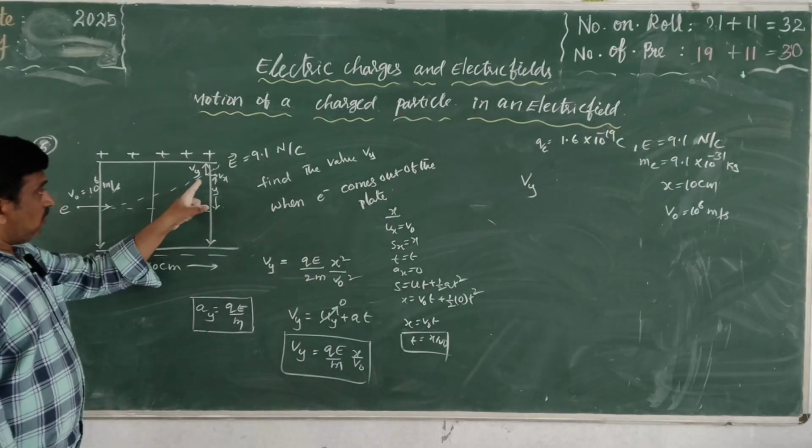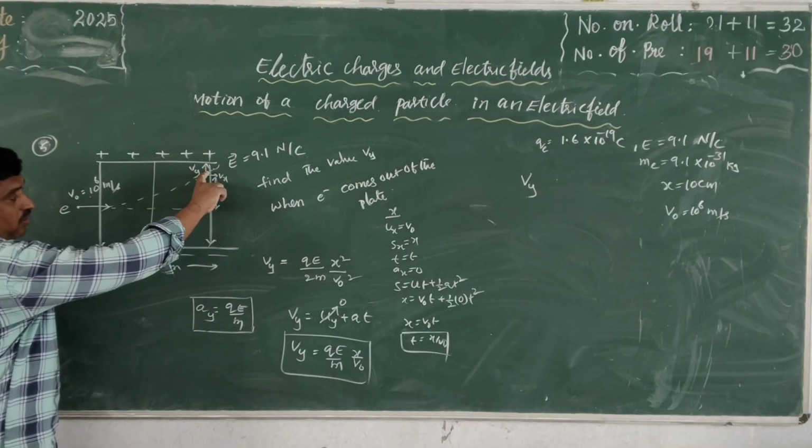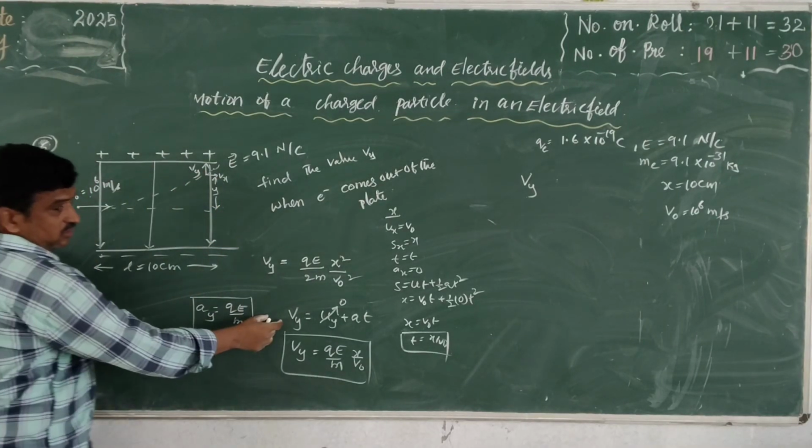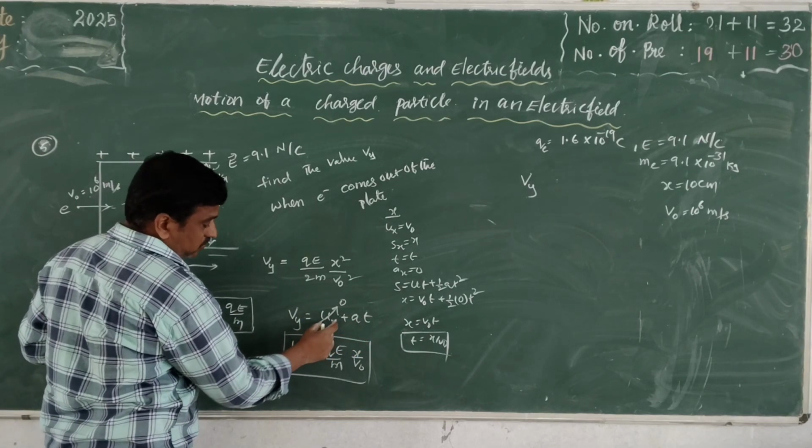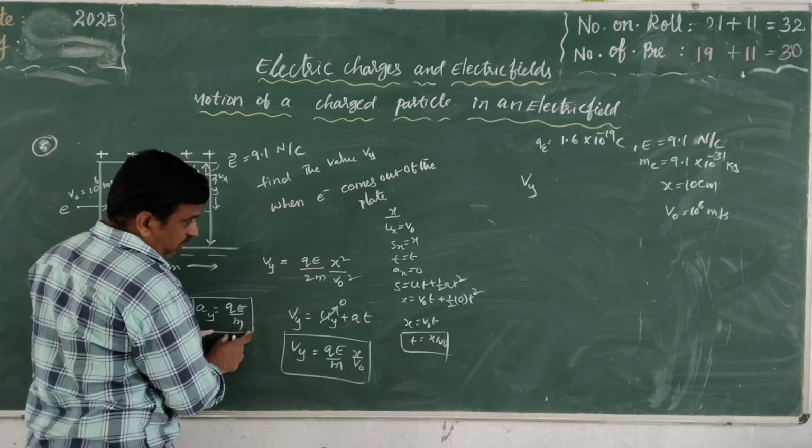Now the final velocity: Vy equals uy plus at, with uy equal to 0, so Vy equals a into t, and we substitute the t value.